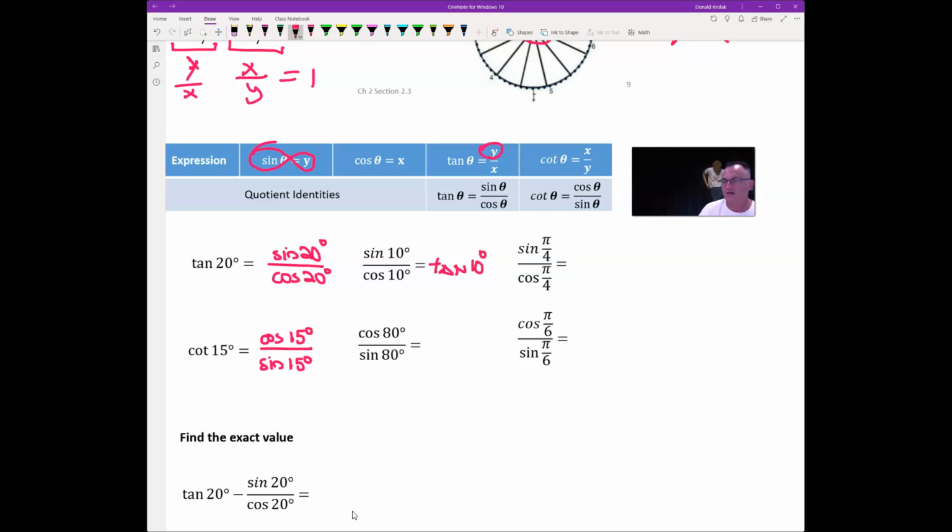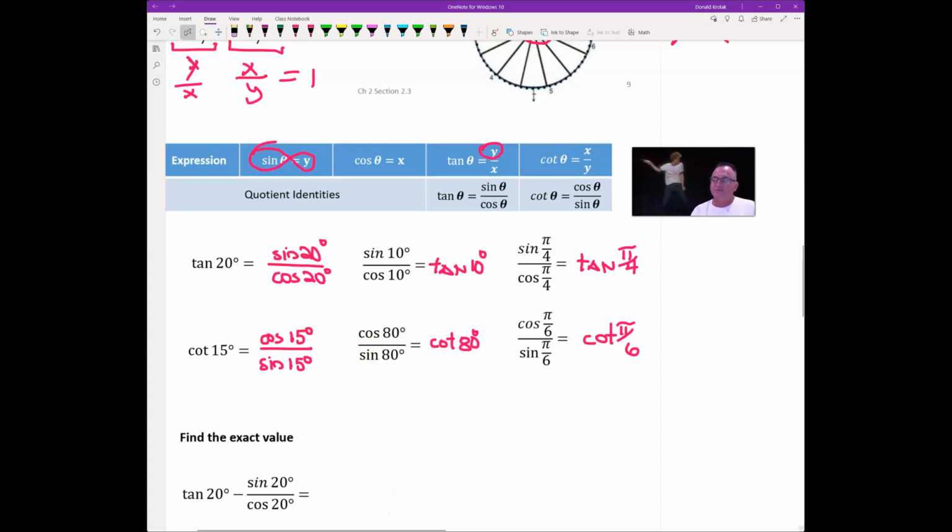Sine over cosine, these two angles are the same, so this would be the equivalent of tangent of pi over 4. This is cosine over sine, 80, so this would be equivalent to the cotangent of 80 degrees. Cos over sine, that's cotangent, and this would be the same as the cotangent of pi over 6.